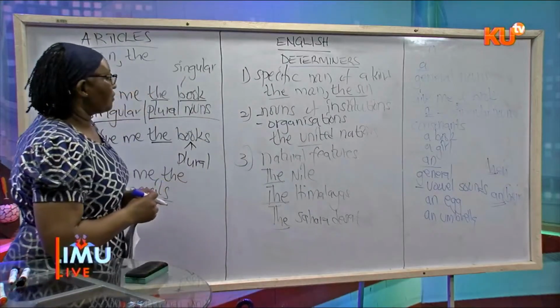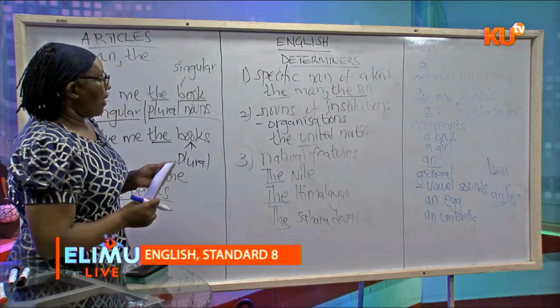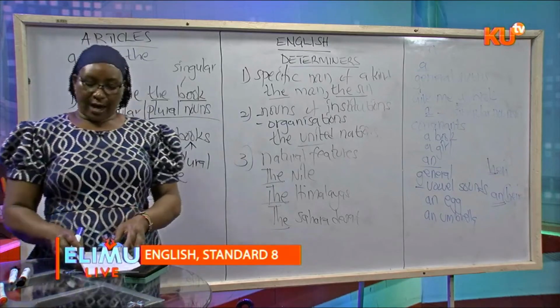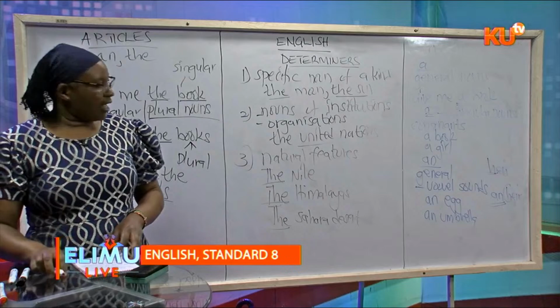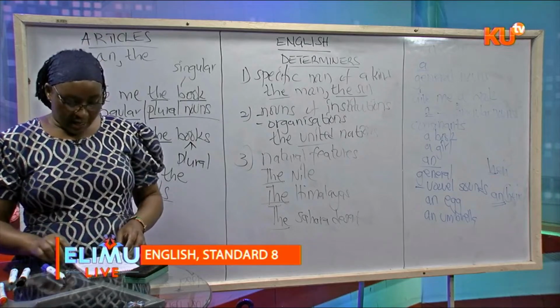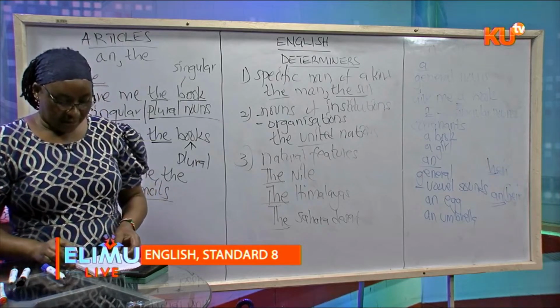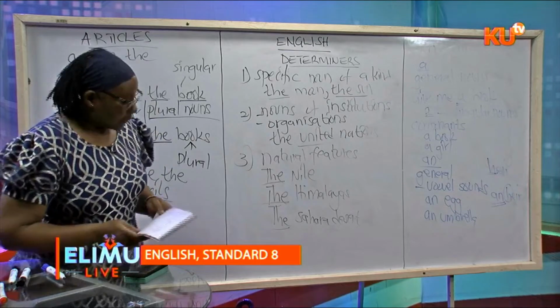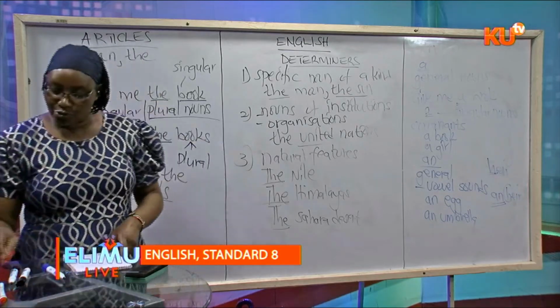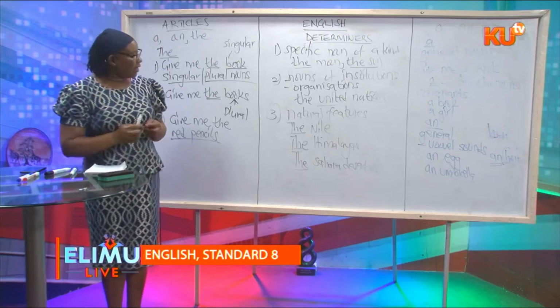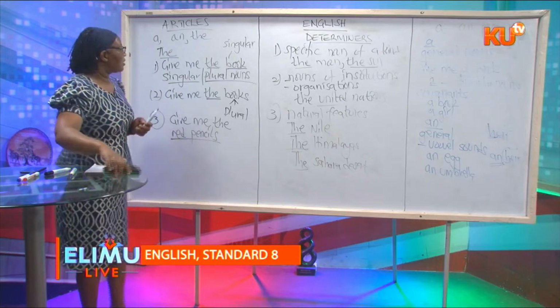So that is the use of the articles: the article the, article a, and article an. We move on to the use of other determiners.